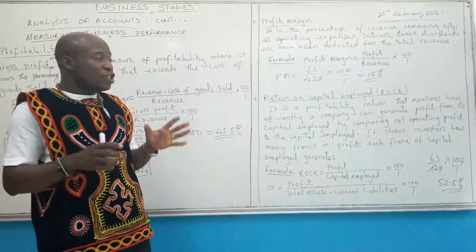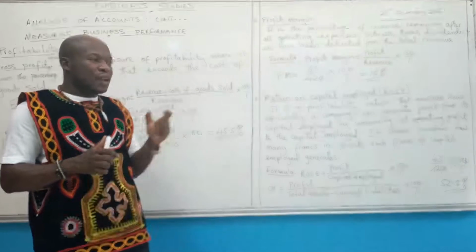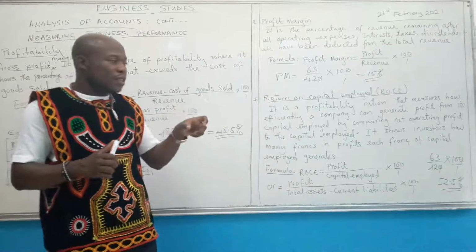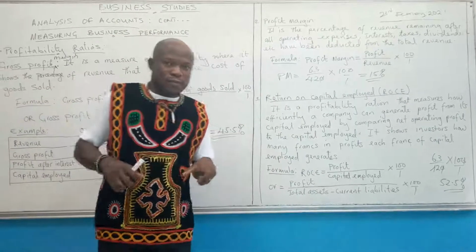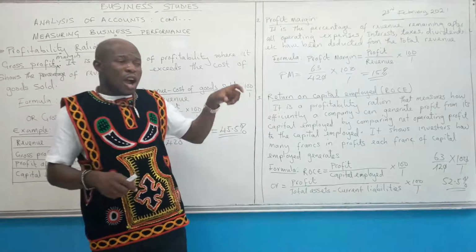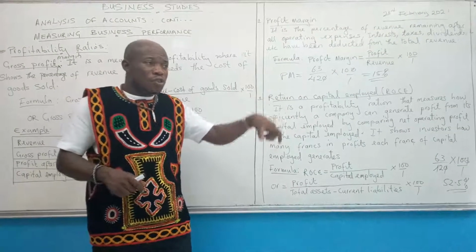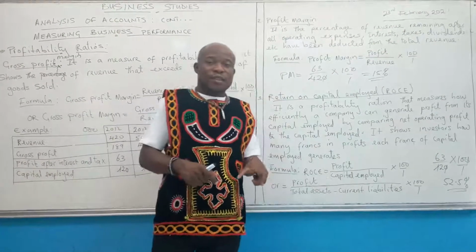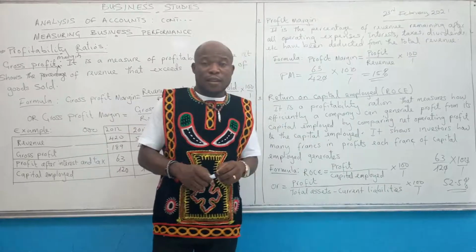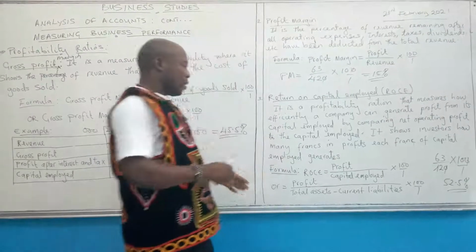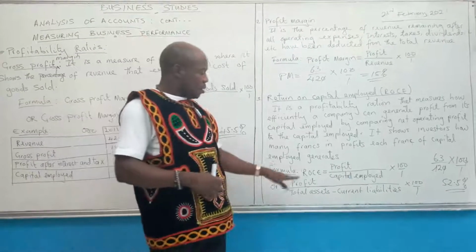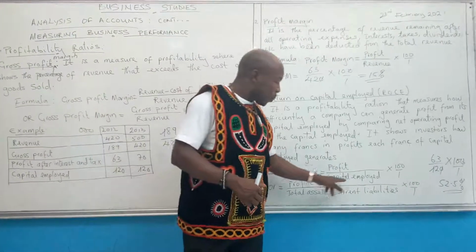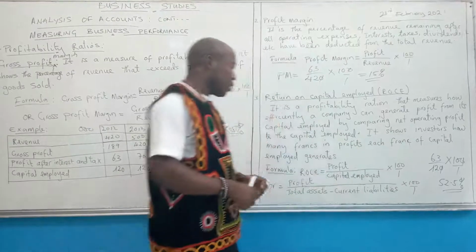And it shows how much profit each franc of capital invested generates. And how is this calculated? We have the formula: profit over capital employed times 100.